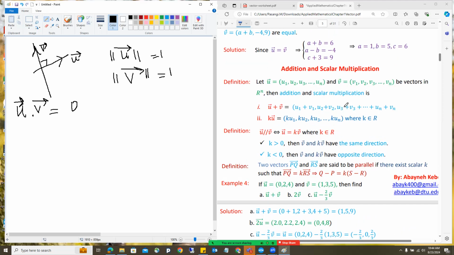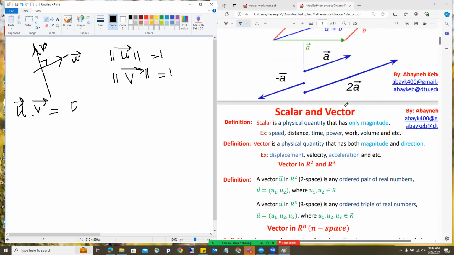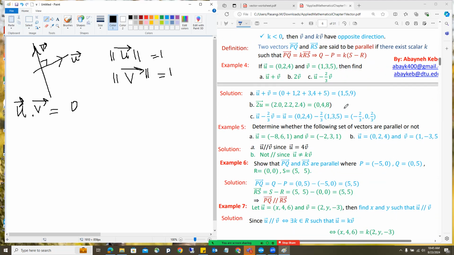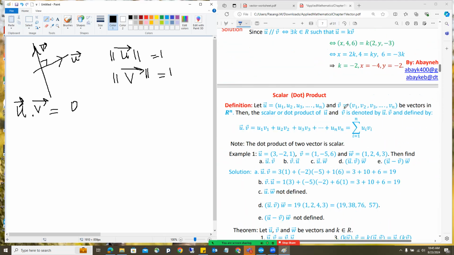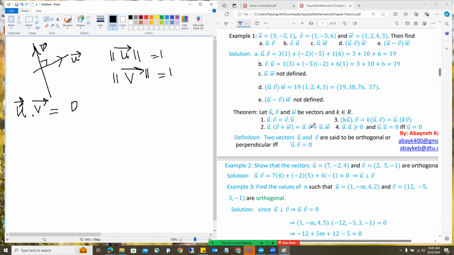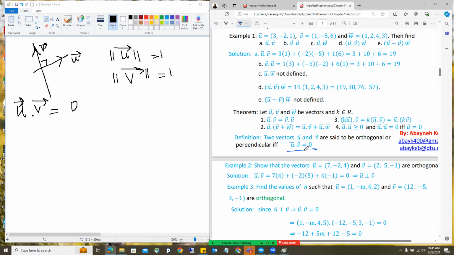Let me show you. Where we did this vector dot product, we already discussed if those two vectors are orthogonal or perpendicular, we proved that the dot product of these two vectors equals 0. Can you remember that one?